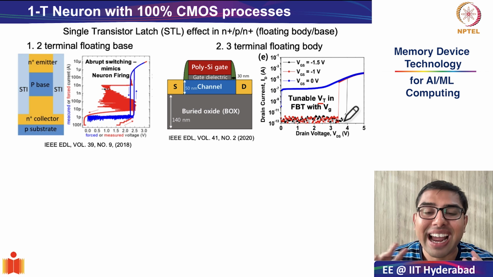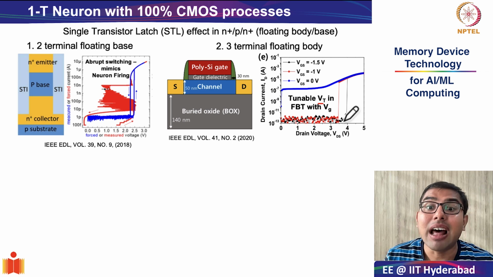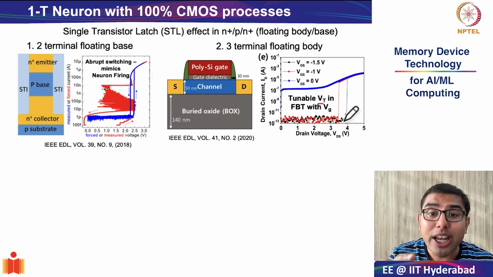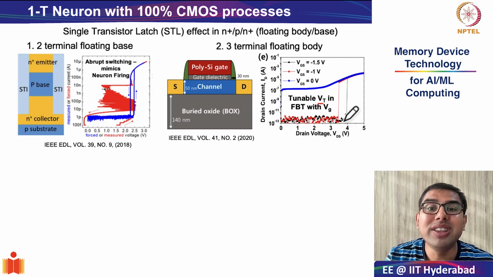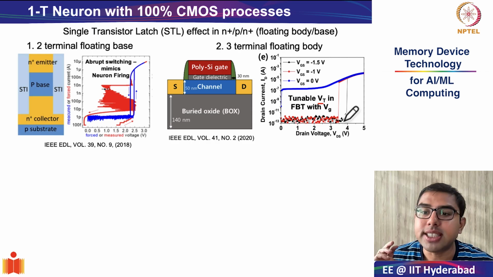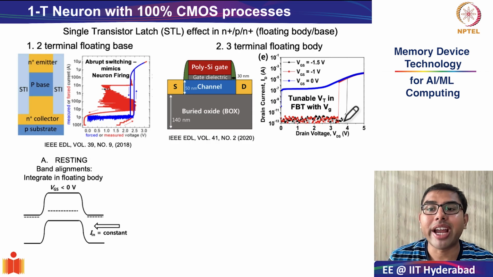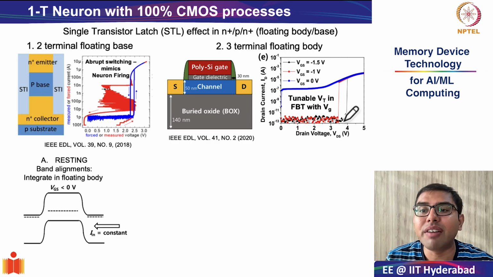And when we look at spiking neural networks in our final module, you will see why it is very valuable to be able to tune this excitatory behavior or firing potential of these neurons. Next, let us try to understand why we have this single transistor latch effect in this floating body N plus P N plus junction by examining their band diagrams.